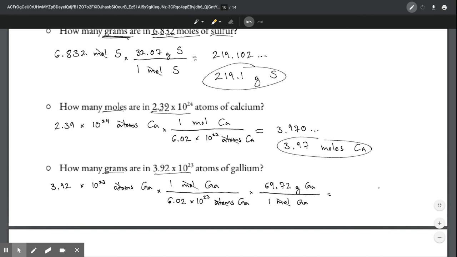And so doing all the arithmetic, we end up with 45.399 and so on. And with sig figs, again, we have 3. We end up with 45.4 grams of gallium. And that is our final answer.